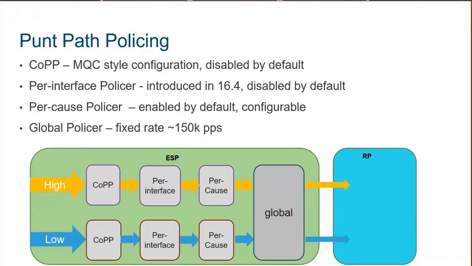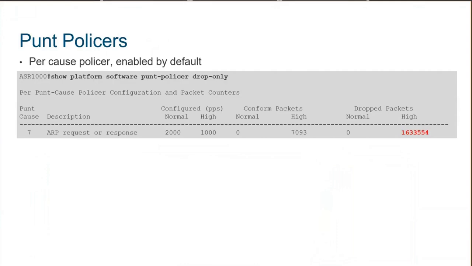Global policer fixed rate, it will be fixed to 150 kilo PPS. So if there are more packets than that, then the global policer will start to drop the packets. So these are different types of punt policer. Punt per cause. Per cause, it will be like ARP request or response is a cause. Apart from that, we have L2 control packets, L2 data packets, something like that.